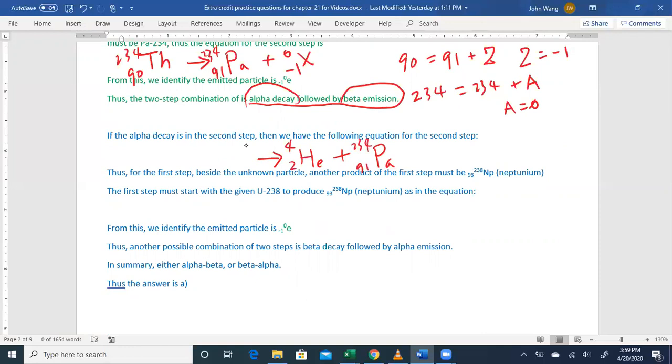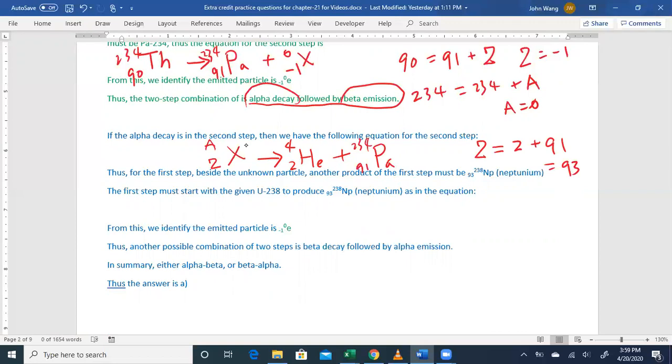If we know the two products, we can identify the starting nucleus. We call that X, with Z and A, and using the balance of atomic number, Z equals 2 plus 91, so that equals 93.